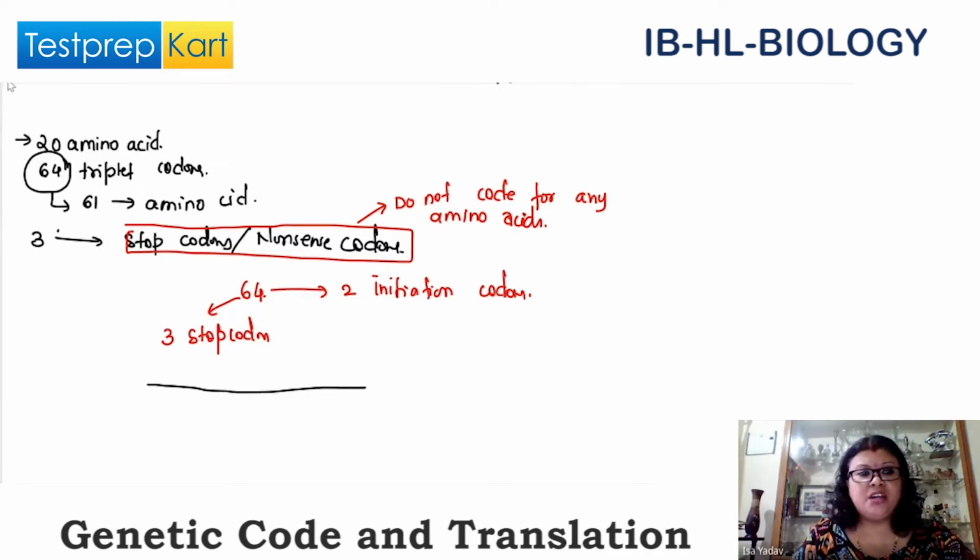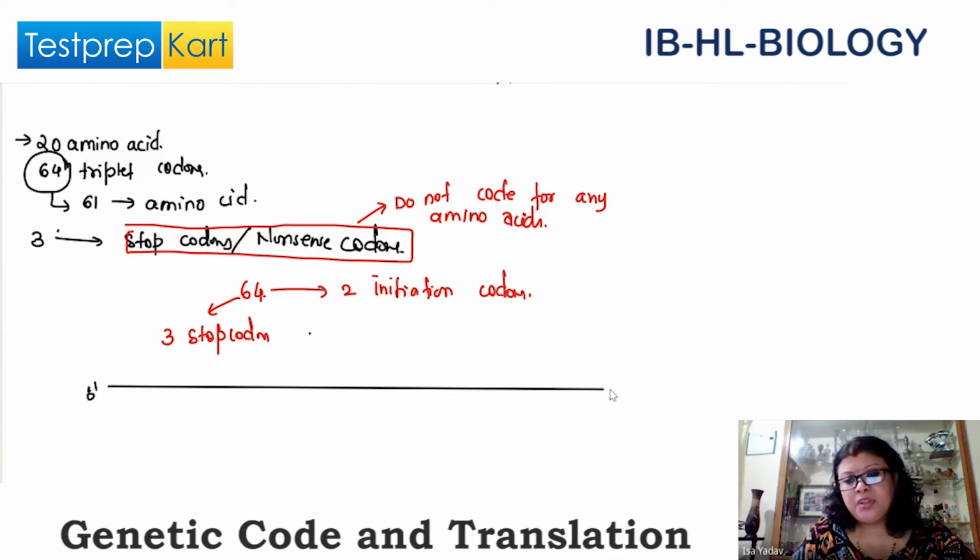Where are these amino acids present? This is 5 prime, this is 3 prime. This is an mRNA. First we will have AUG.